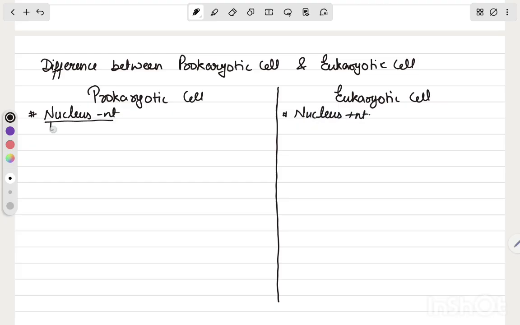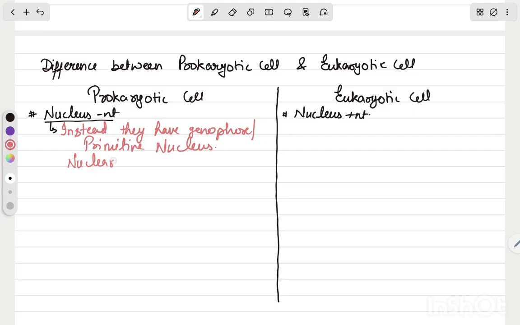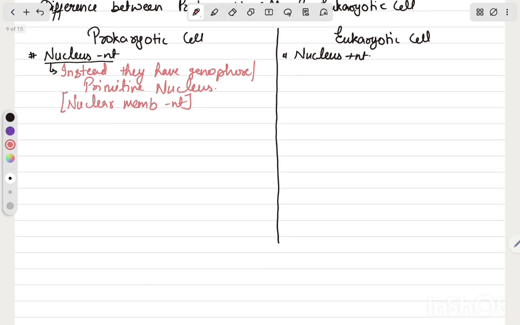Instead of nucleus, prokaryotic cell have genophore, or we can say primitive nucleus. In this genophore or primitive nucleus, nuclear membrane is completely absent. That is the first and most important difference between prokaryotes and eukaryotes.